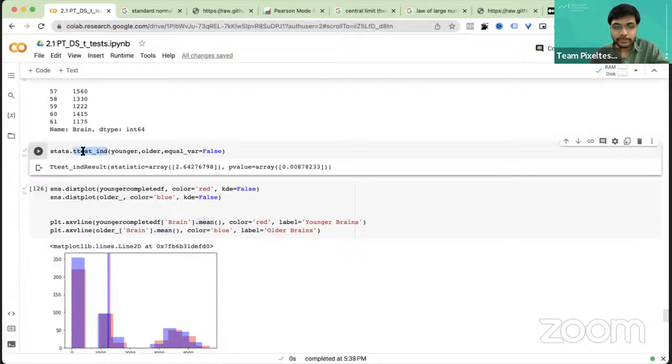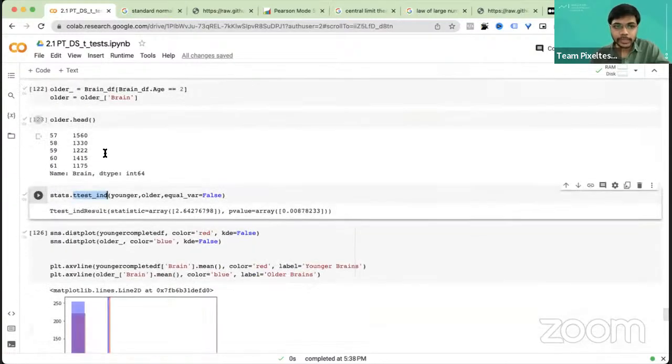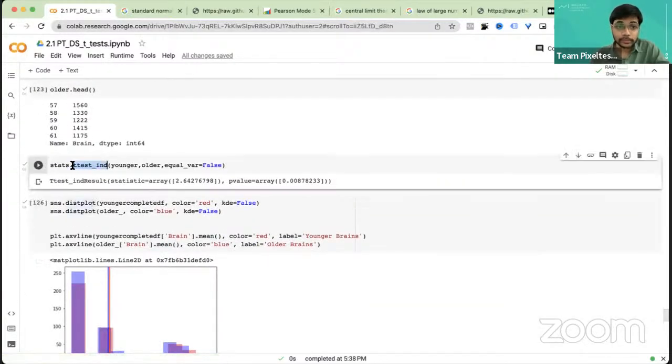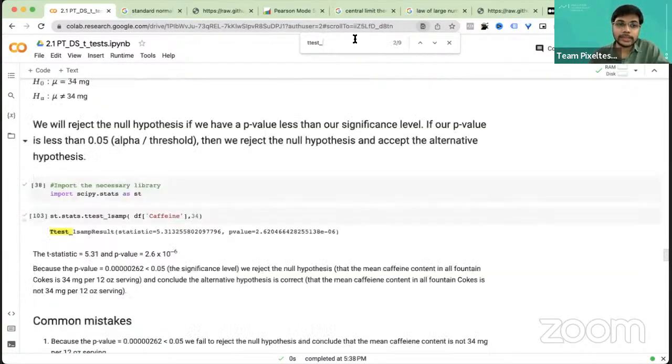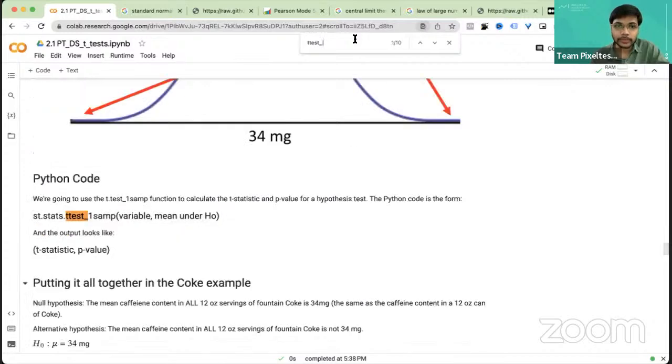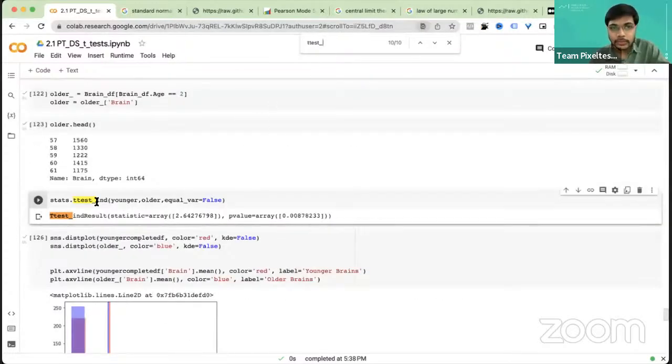If you remember the first function, it was t-test underscore one sam, and this next function is t-test underscore ind, right?